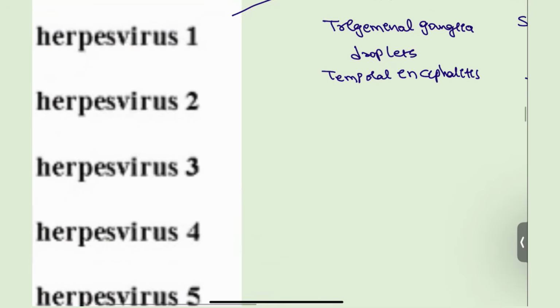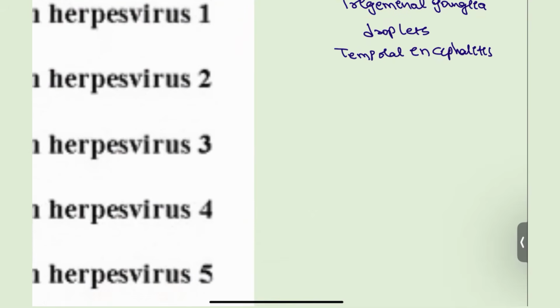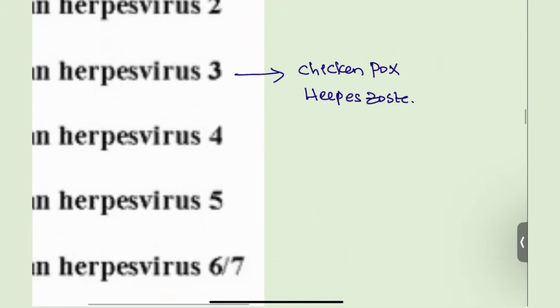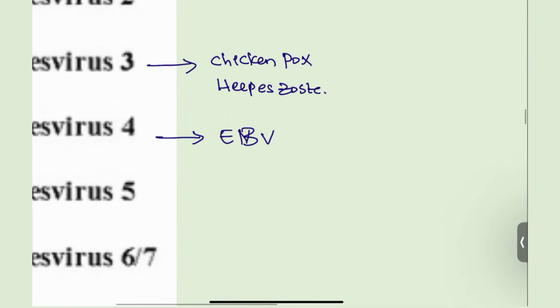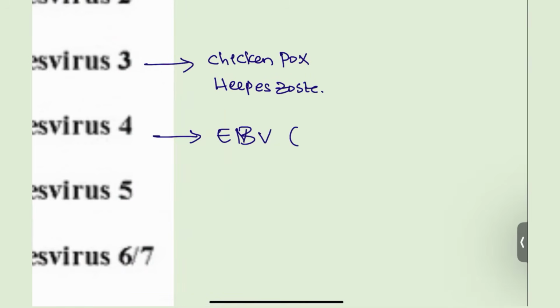Next, HSV3. This is going to cause chickenpox and herpes zoster. And HHV4 is caused by the Epstein-Barr virus, right? This causes infectious mononucleosis, otherwise known as the kissing disease.